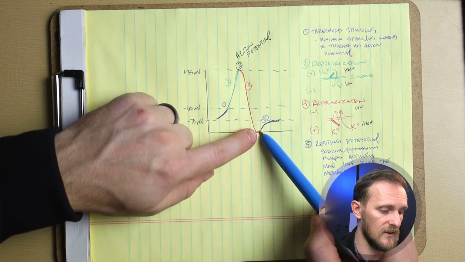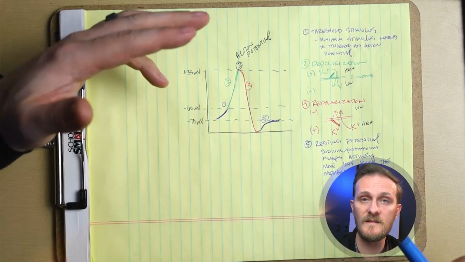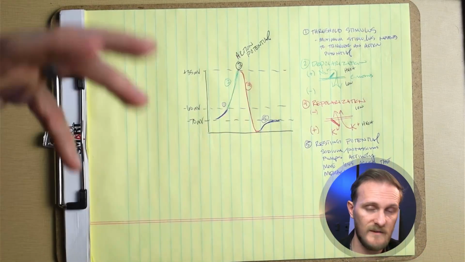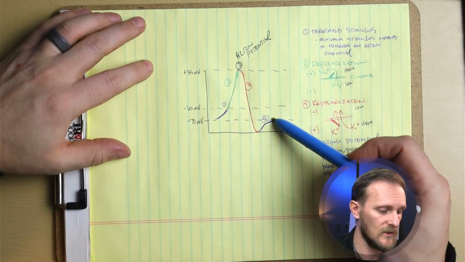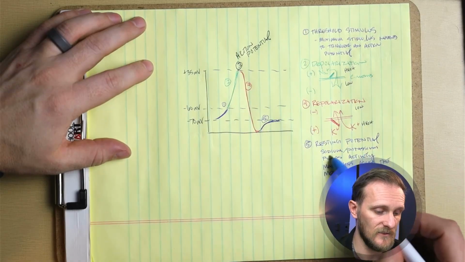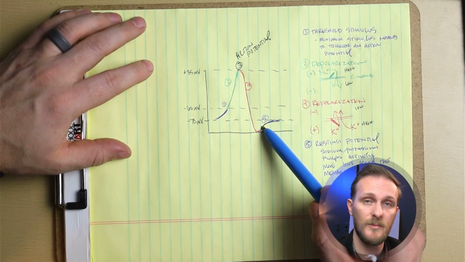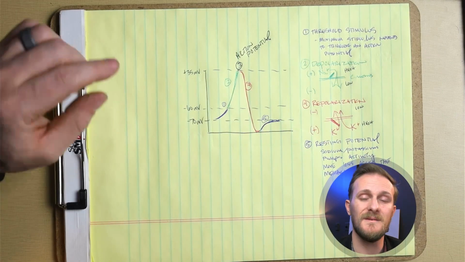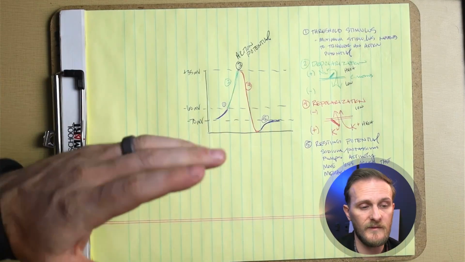And so then what we have to do to get back to a resting potential so that the neuron is ready to receive more signals is we'll need to actively pump, using active transport, pump sodium and potassium either inside or outside of the cell, depending on where it needs to go.